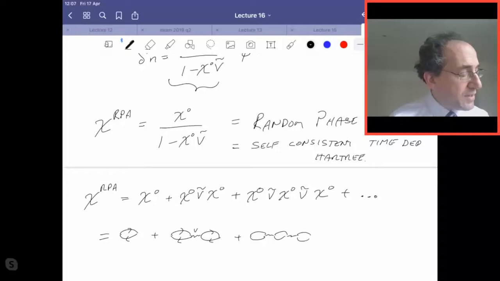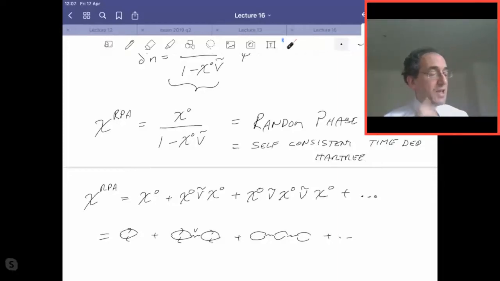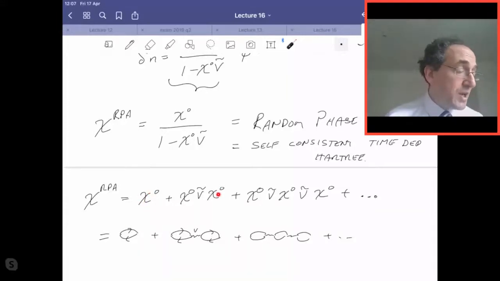There's a bubble chain, and so forth. And the interpretation of this bubble chain is fairly physical. From the first term, you're looking at the direct response of the system. In the second term, the system responds, then it builds up some density, and the system responds to that. In the third term, the system responds, builds up some density, responds again, builds up some density, responds again, and basically you're summing up this series out to infinity.